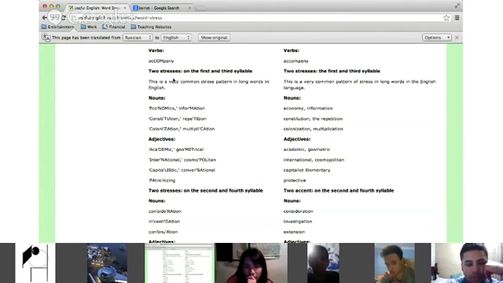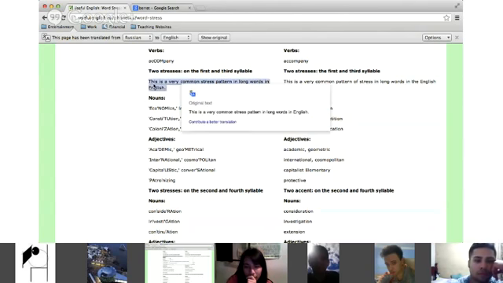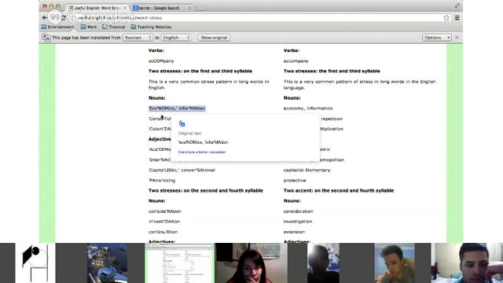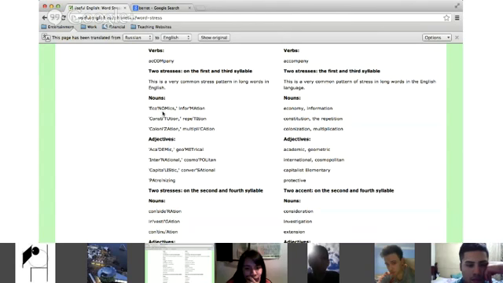What I was explaining of these rules here with 4 syllables or longer. This is the one that I want you guys to pay attention to. Two stresses. This is the one that is most common. So when you have words like economics, this is the first syllable, and then the ah sound.